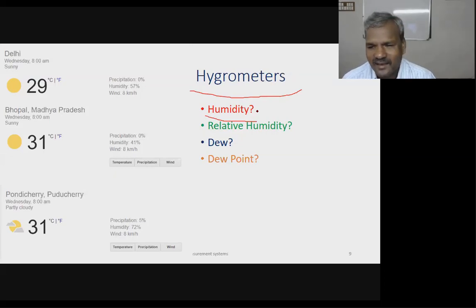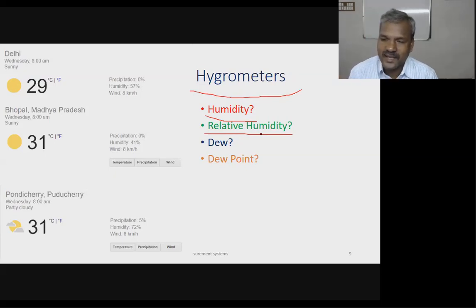Relative humidity is the amount of vapor present in the air relative to how much vapor the air can hold. So that is called relative humidity. I will tell a simple example. Humidity means the amount of vapor present there.